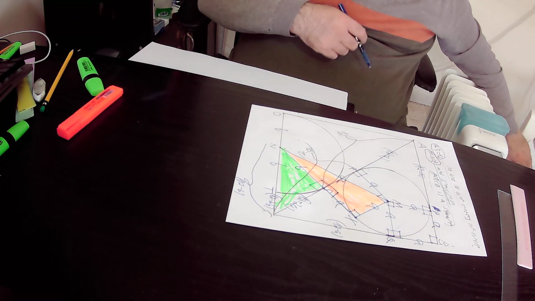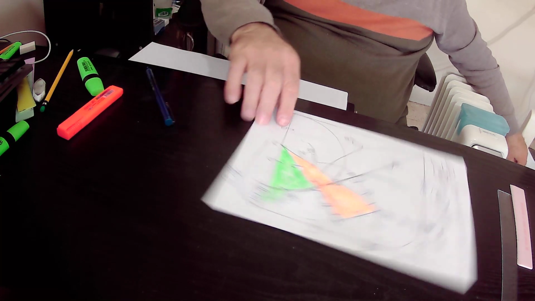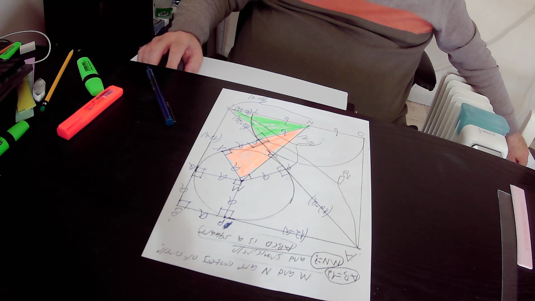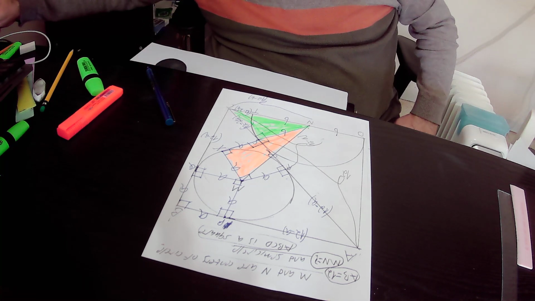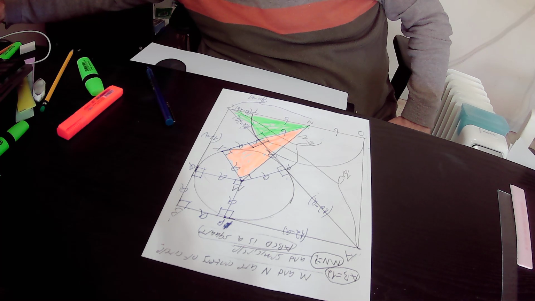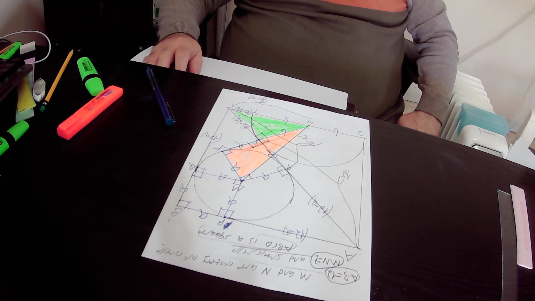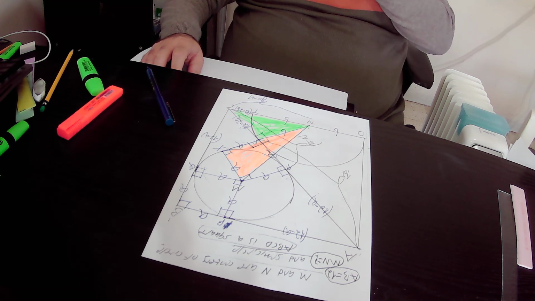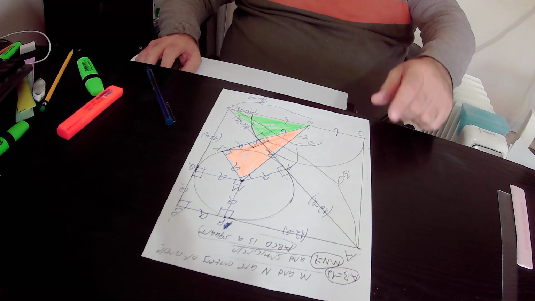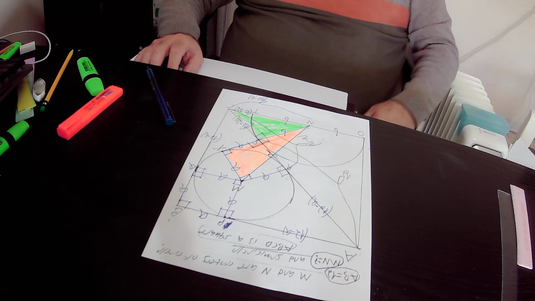Actually, we wanted to find out the value of line segment MN, and we know that one side of square ABCD equals 12 units.